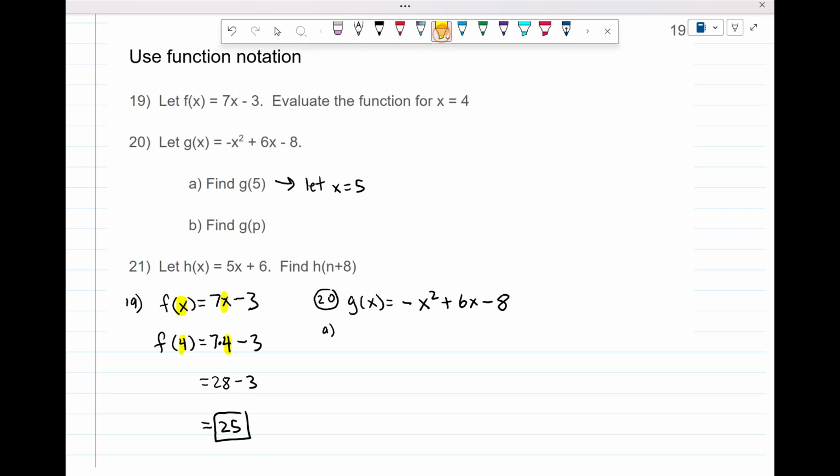So again, everywhere I see an x, I am going to replace it with the number 5 that x is equal to. So this will be g of 5 is equal to negative 5 squared plus 6 times 5 minus 8.